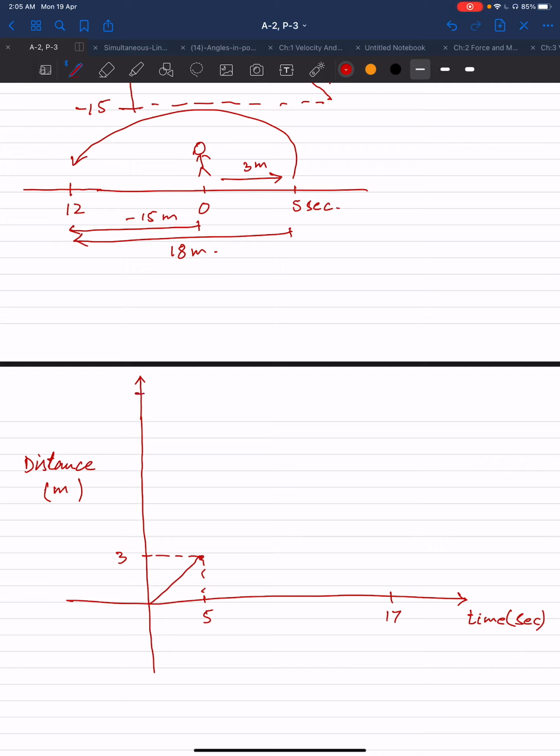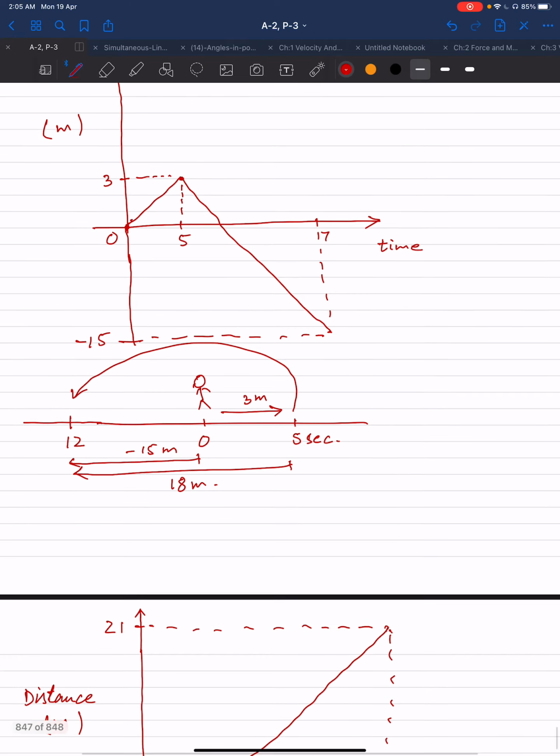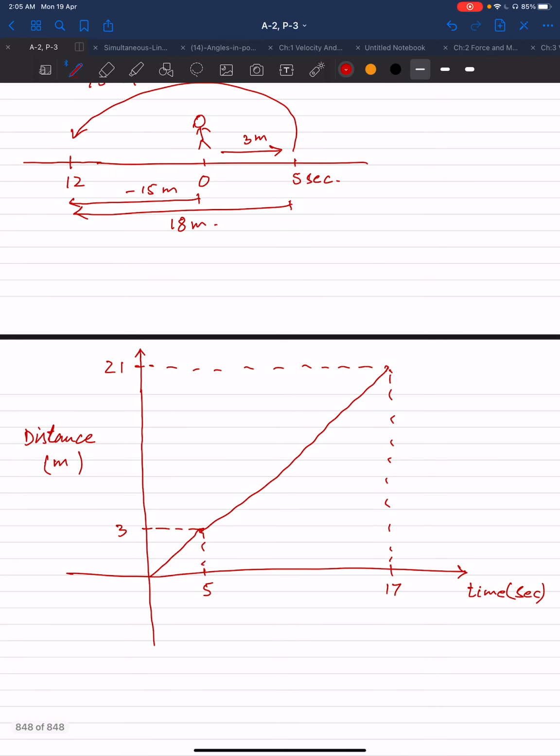So 18 plus 3 is 21. So at 17 seconds, it's at 21 meters.